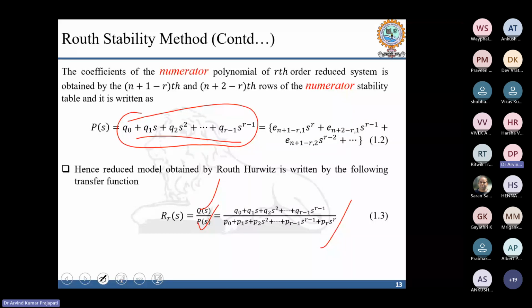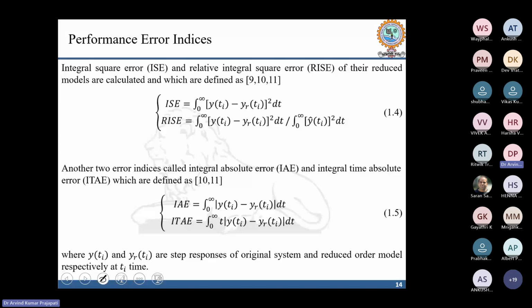Next, in order to compare your reduced order systems with other existing techniques, we are going to calculate the error. The error is just the difference between the response of the original system and the response of the reduced system. Here I have taken the step response of the original system, and this is the step response of your reduced system. After that, I have taken the relative integral square error.